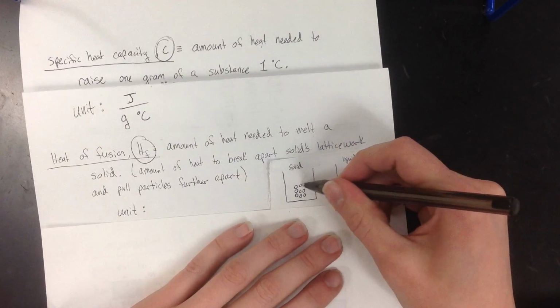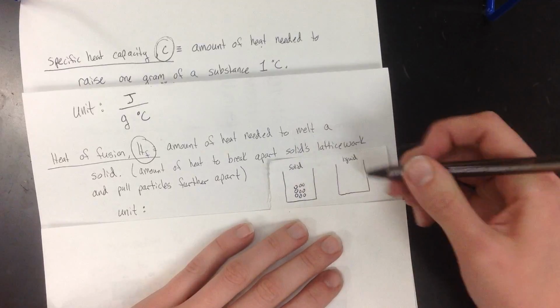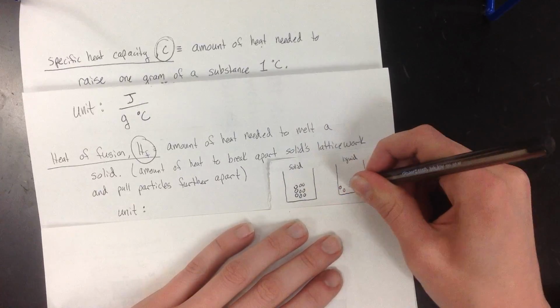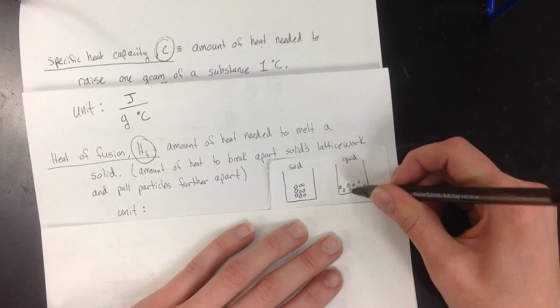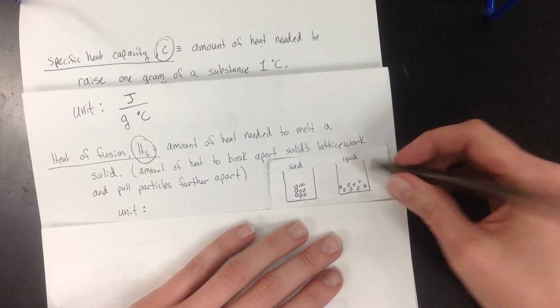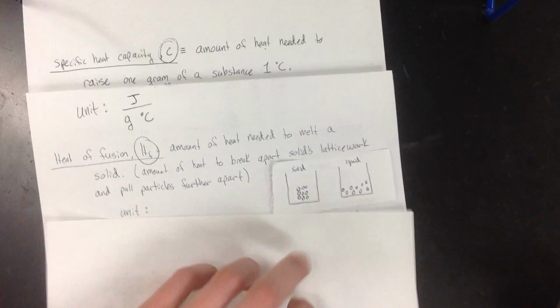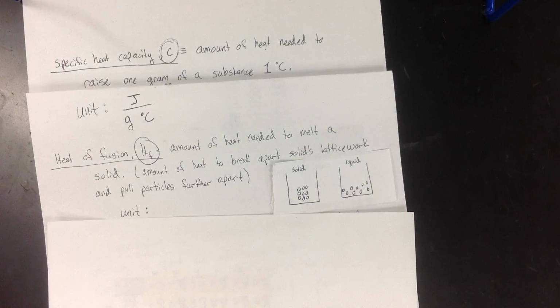So all these particles here are vibrating, and then they'll start splitting apart. And when they split apart, they sink to the bottom, so they become a liquid. And we haven't lost any particles, they're just now spread out. They're taking up more space. They're no longer right next to each other, they're no longer attracted to each other.